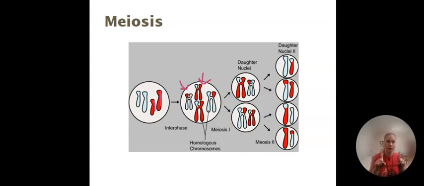Those two chromosomes have exchanged genes. So this is crossing over. But then at the end, our 4 daughter cells are all different from each other because of crossing over and independent assortment. So no gamete is identical to another.